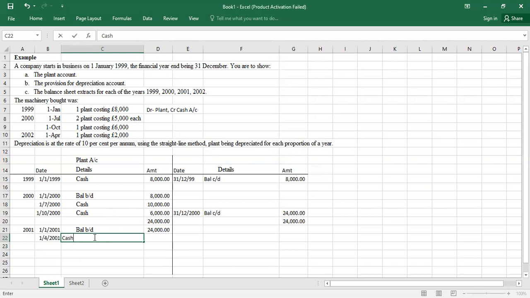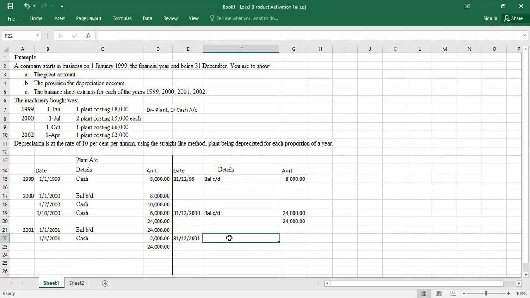So again, I'll assume cash transaction, 2,000. And there is no other machine that I'm buying. Therefore, I'm closing my books on 31st December 2001, and the balance to be carried downward will be 26,000. So I'm closing my books at 26,000 in the 3rd year.